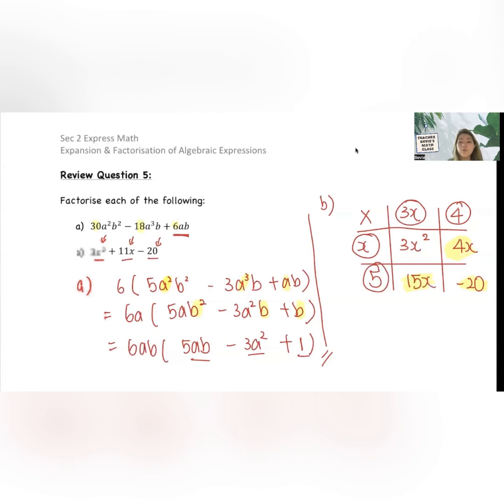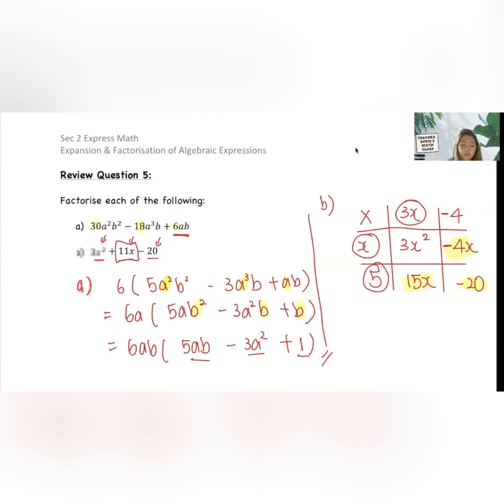Usually I will not put in any of my signs first. I will just work with the positive numbers first. All right, so 15 plus 4, that is a 19. It wouldn't give me 11x. But 15x minus 4x, that is 11x. Right, so I should put my negative over here, at my 4.